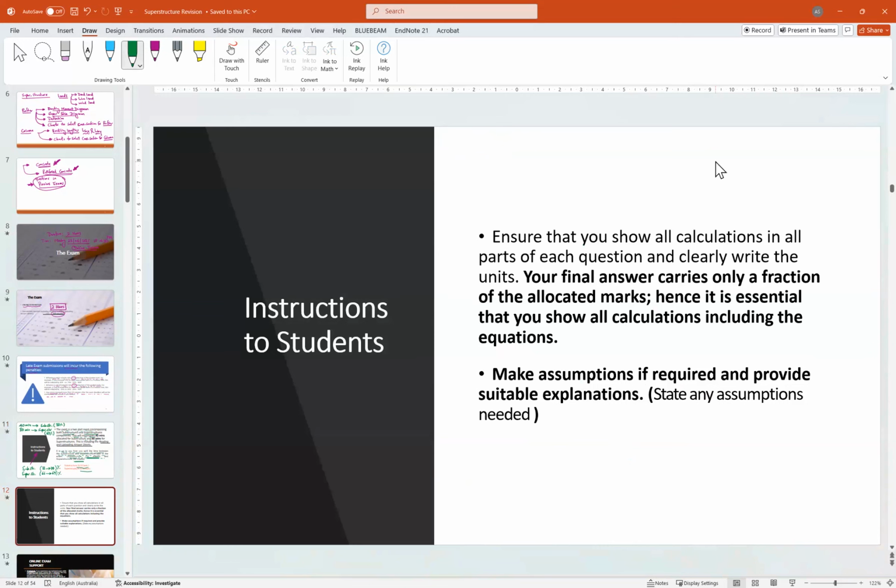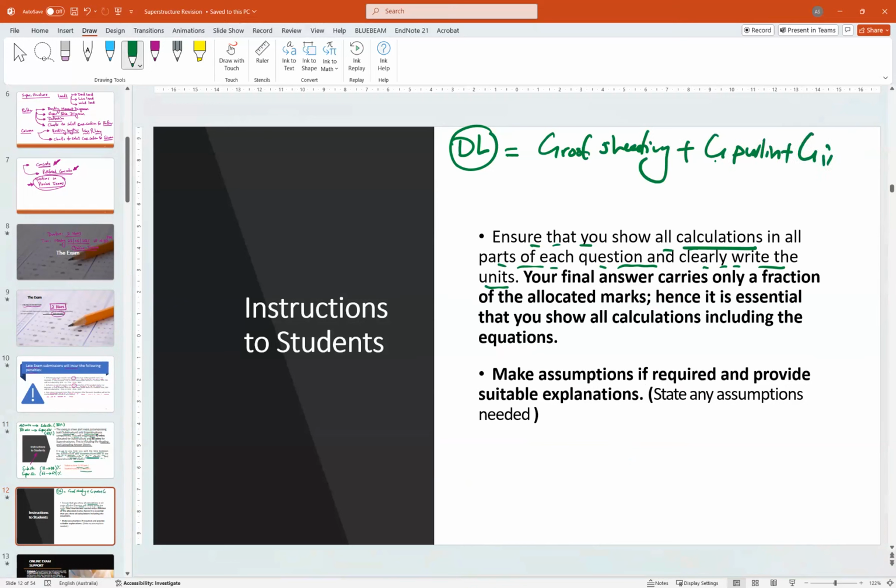Part of the instructions: ensure that you show all the calculations in all parts of each question and clearly write the units. For example, if you are calculating dead load, including G roof sheeting plus G purlins plus G insulation and so on, you can't just write the dead load equals something kPa.